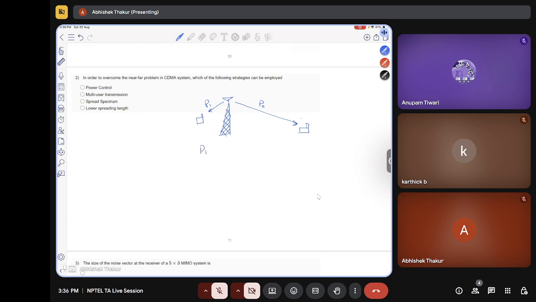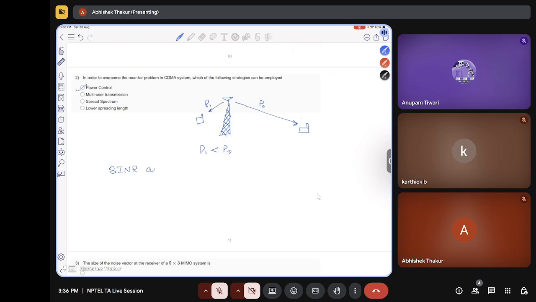So P1 should be less than P0. This mechanism is power control. So the correct answer is power control.